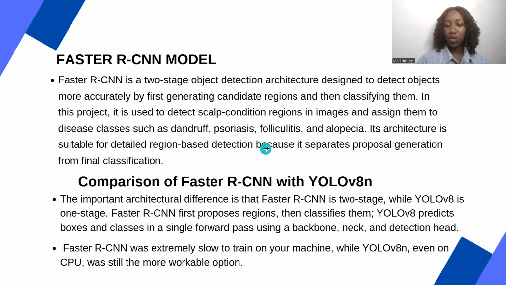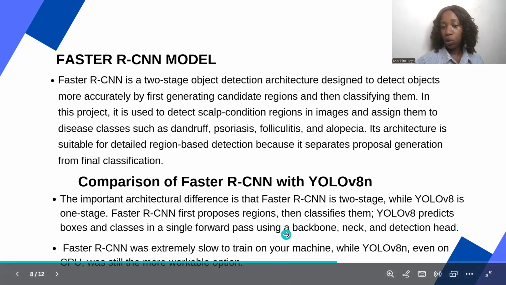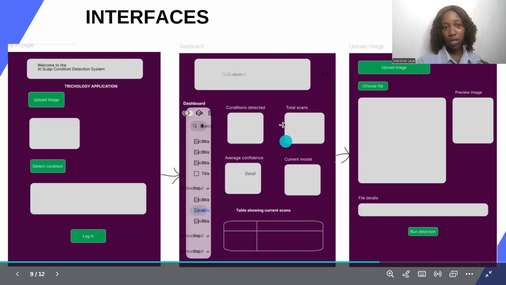So the important architecture difference is that Faster RCNN is two-stage, while YOLO is one-stage. Faster RCNN proposes regions, then classifies them. That's what we said. But YOLO predicts boxes and classes in a single forward pass using the backbone, neck and detection head.